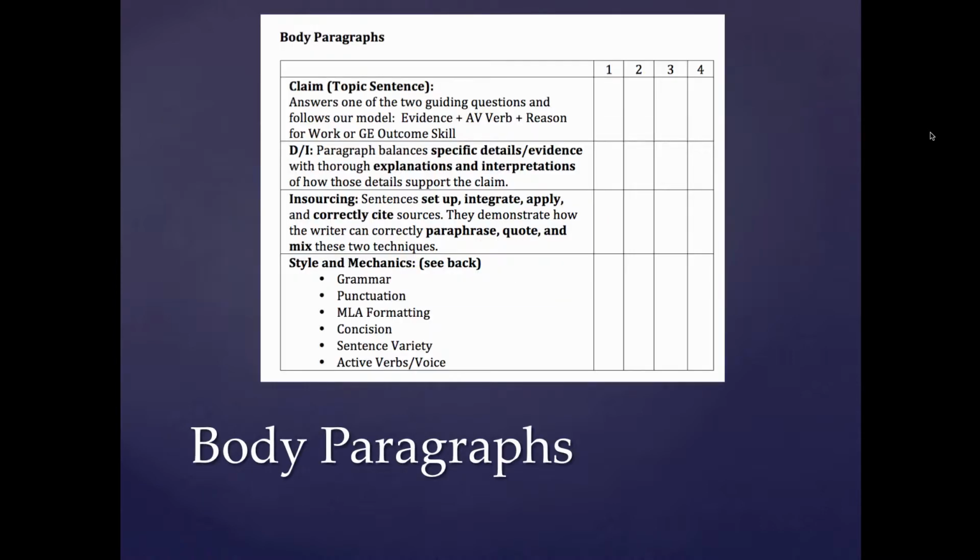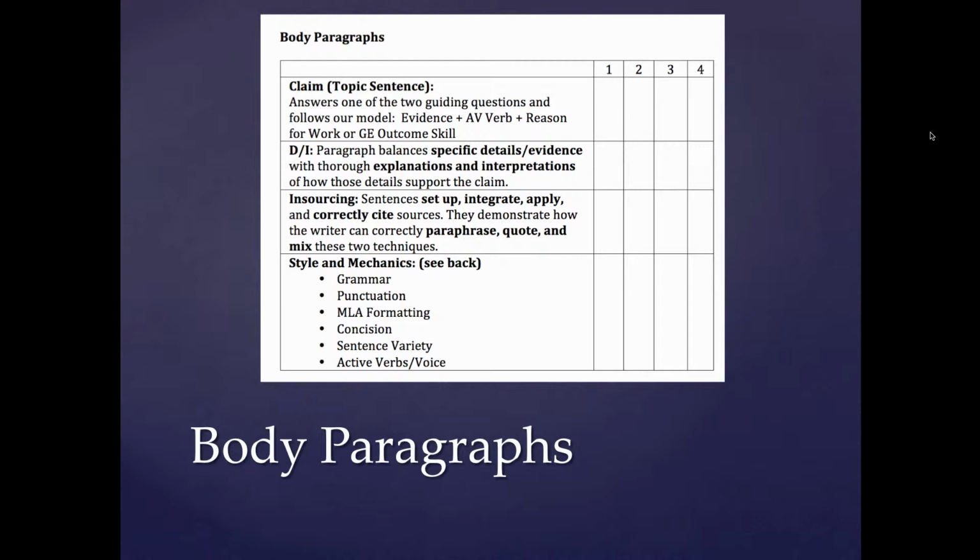Body paragraphs, very similar in terms of structure, although again your claim topic sentence is either going to link specific evidence to a reason for work or to a GE outcome skill. You'll notice that the detail interpretation element of the body paragraph rubric emphasizes the same kind of things with a little more language about specificity and developing the support for your claims.